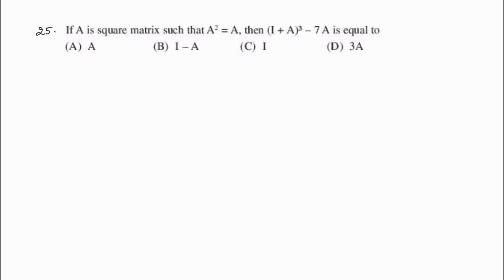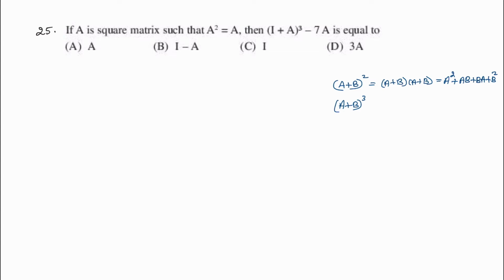Question 25. If A is a square matrix such that A square is A, then I plus A the whole cube minus 7A is equal to. In case of matrices, we cannot use the identity A plus B the whole square or A plus B the whole cube. These identities cannot be used in matrices because A plus B the whole square is A plus B times A plus B. If we use the distributive property, it is A square plus AB plus BA plus B square.